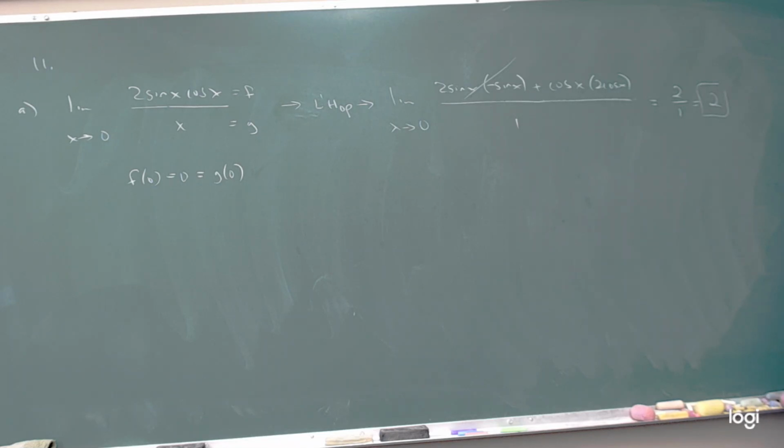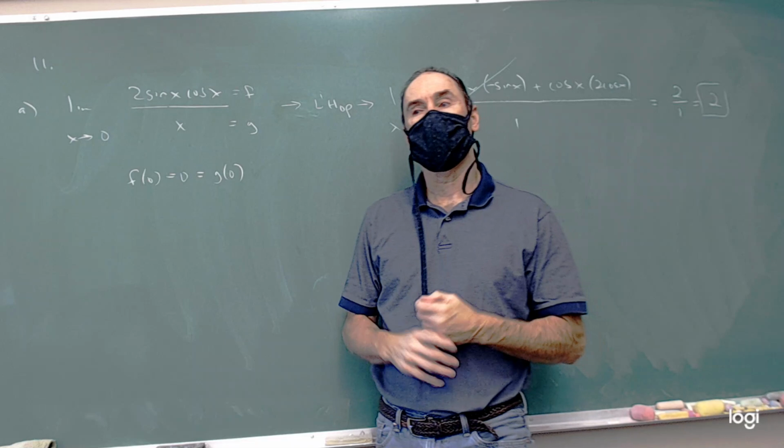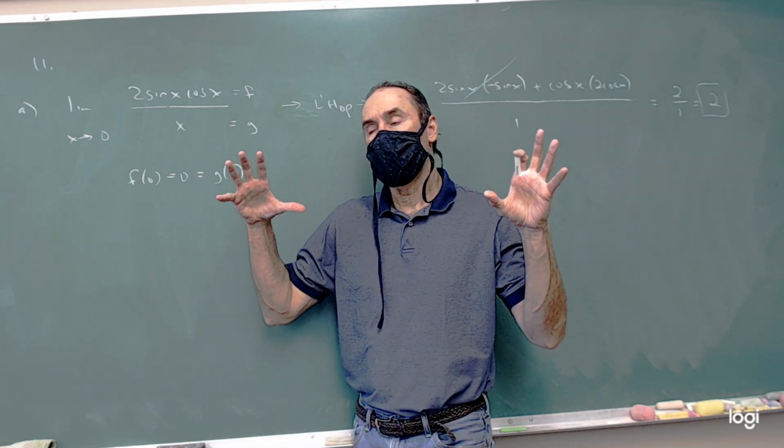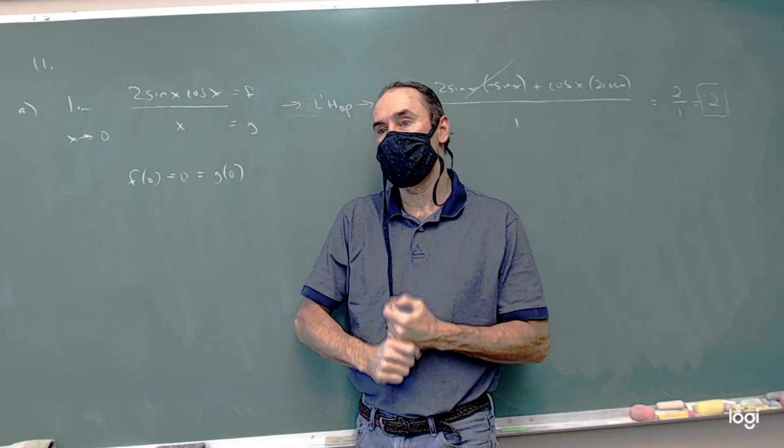So we can't write 0 over 0 at all? I mean, you can, but that alone isn't going to justify it. It's kind of weird because over the last few years they've tightened up what their expectations are.